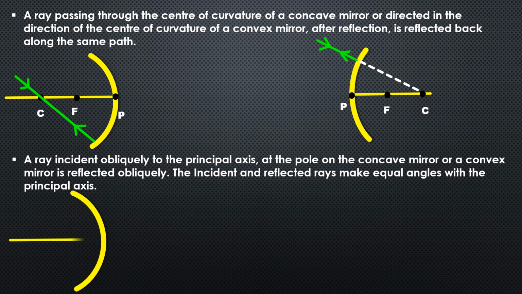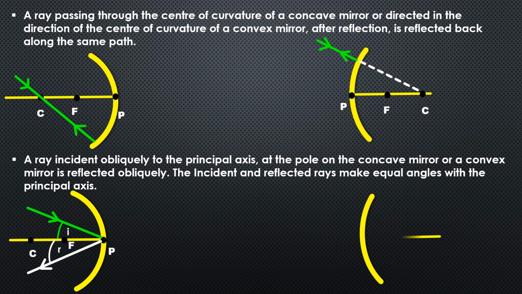How? We will see. This is our concave mirror, with the pole on the axis, the focus and the center of curvature. Now, if a light ray is incident at the pole making some angle i with the principal axis, then it will get reflected at the pole making angle r with the principal axis, and here angle i is equal to angle r.